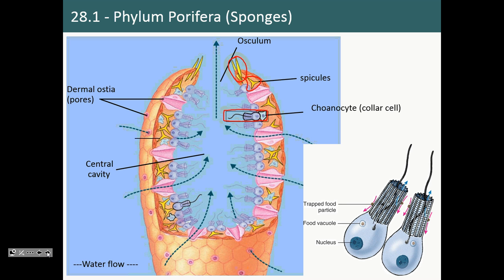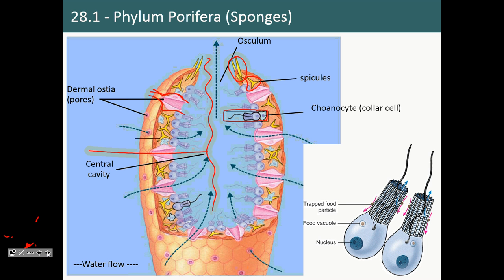They have these pore cells, which are called dermal ostia, and they pass through the outer surface of the sponge and into the center. The center region is the main chamber, and the opening to that chamber is called the osculum. Water will pass through the dermal ostia, in through the pores, and come into the central chamber.